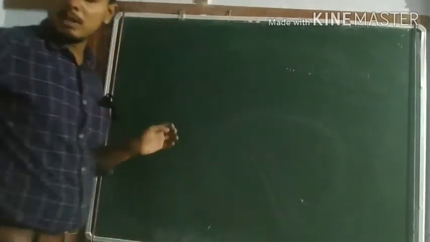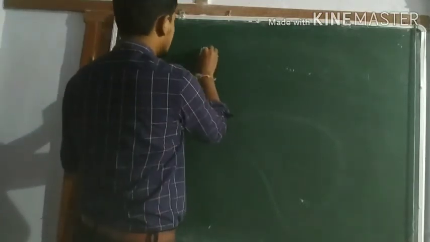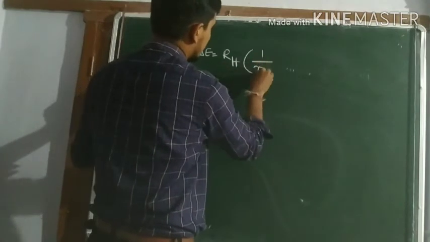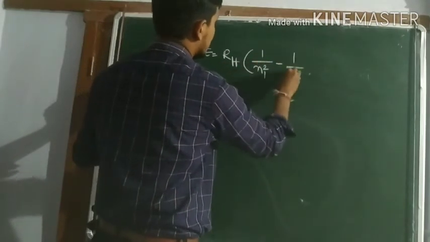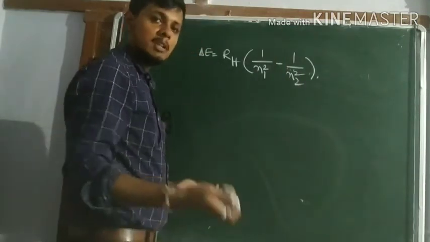So this is the Rydberg constant. So let us see, delta E equals RH in terms of joule times (1 by n1 square minus 1 by n2 square).